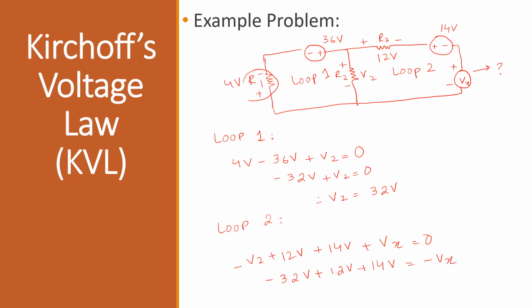By solving, we get Vx is equal to 6 volts. So this is how you are going to find unknown voltages using Kirchhoff's voltage law.